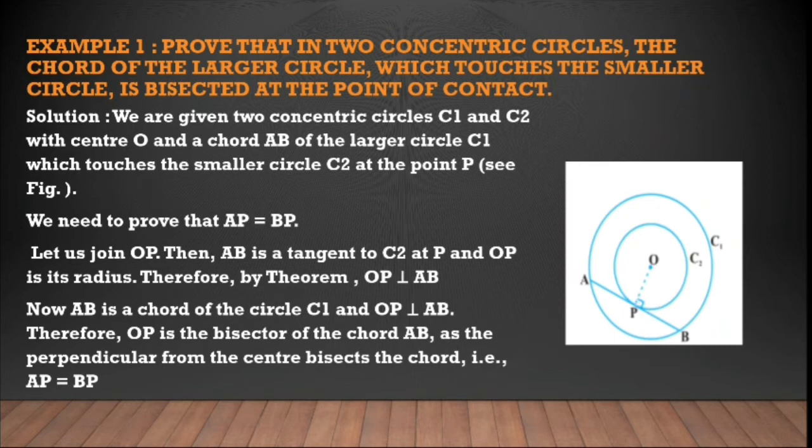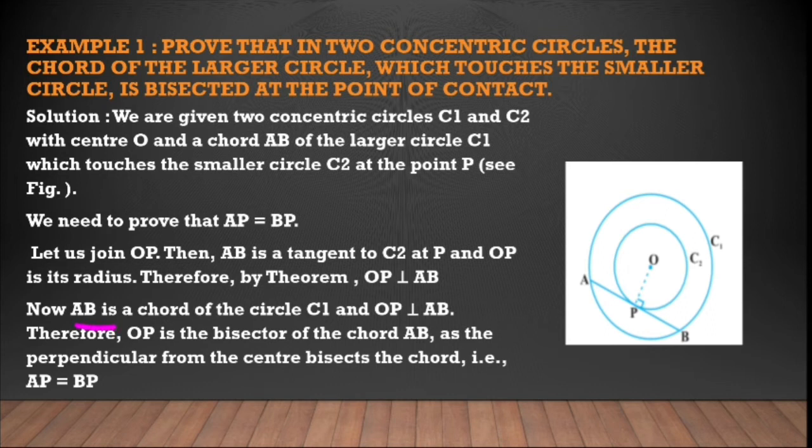Now you have to recall a theorem from class 9. The theorem was: if a radius is perpendicular to a chord, then it will bisect that chord. It is a theorem from the chapter Circles of class 9.